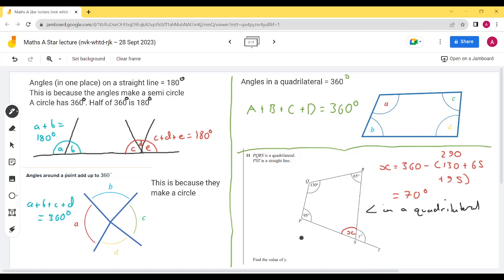And so now we've got that first angle here. Now we can use this 70 here to find y, because y equals 180 minus 70, and so it equals 110 degrees, which is our final answer.